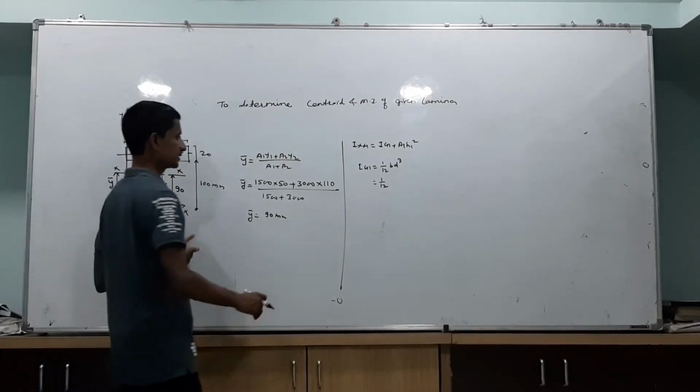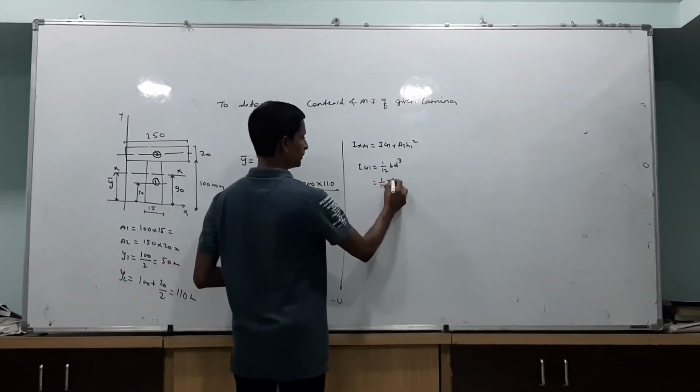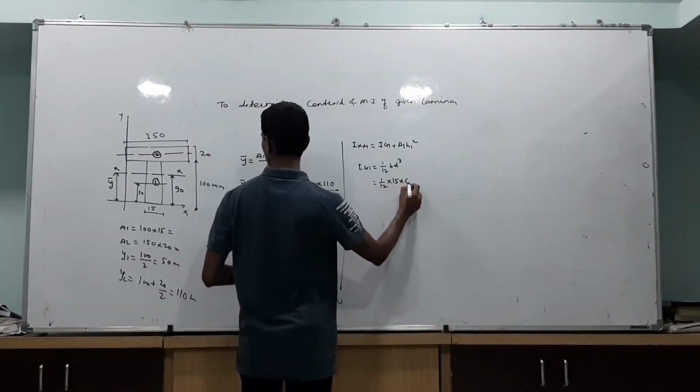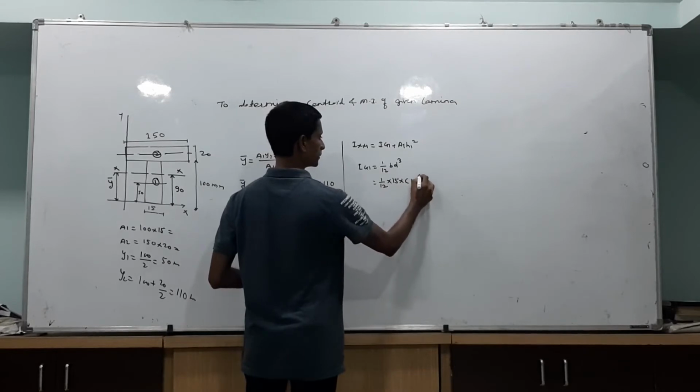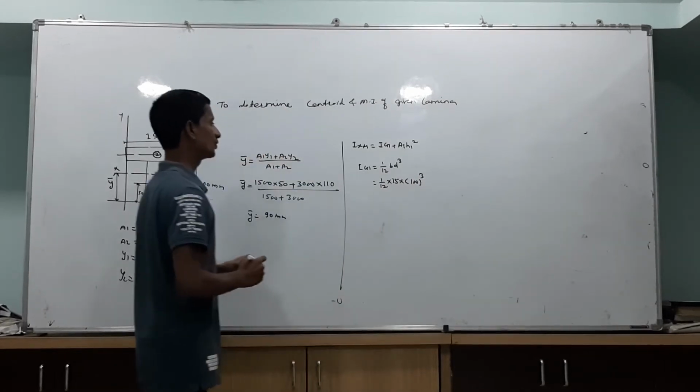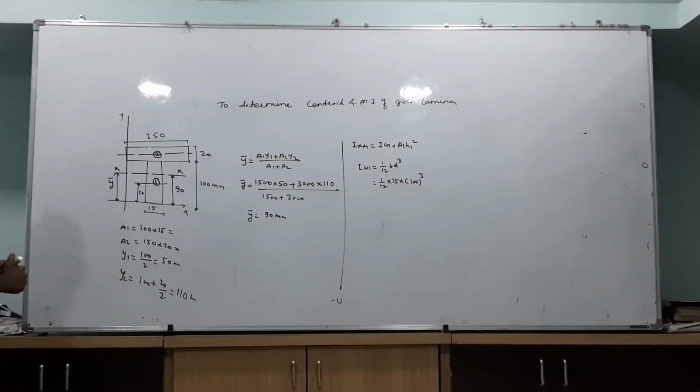So in this case, B is 15 and D is 100. So Ig1 is equal to 1 by 12 into 15 into 100 cube.